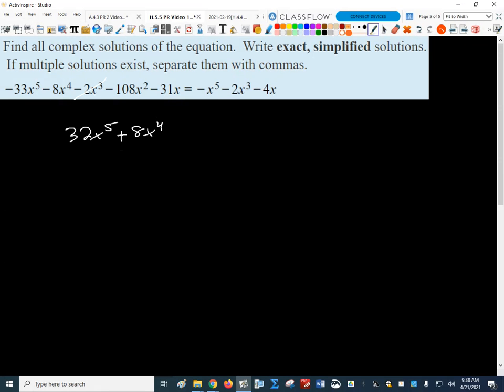Oh, look at that. Those guys cancel, right? That's good. And then if I add the x squared, I'm going to get plus 108x squared plus 31 is going to give me plus 27x equals 0. You guys check my math. Is that good?